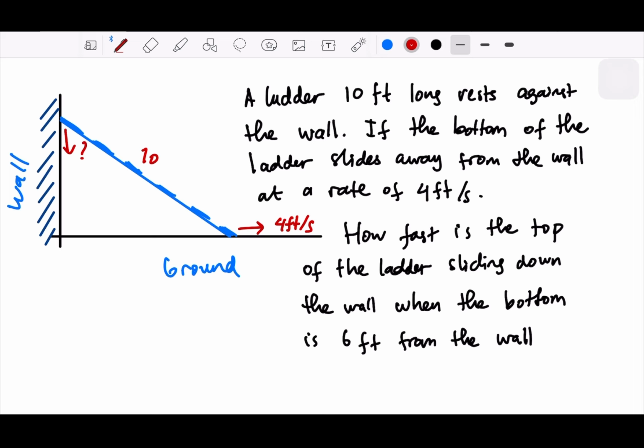A common mistake with this problem is putting 6 in as a fixed constant. You have 6, 10, and using the Pythagorean theorem this will be 8.